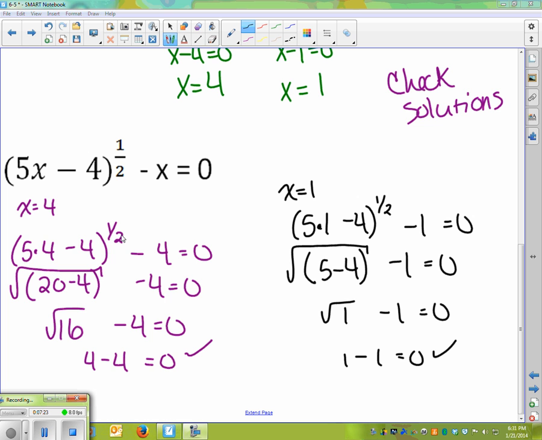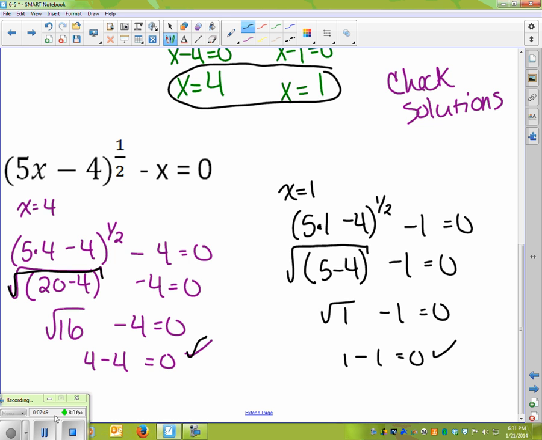Showing my work, at this point I went from an exponent of 1/2 and changed it to a square root. Square root of 16 was 4, which worked out to be 0. Doing the same thing with x equals 1. I plugged 1 in, changed it to a square root. I got 1 minus 1 equals 0. Both of them worked out. This time both were my solutions.